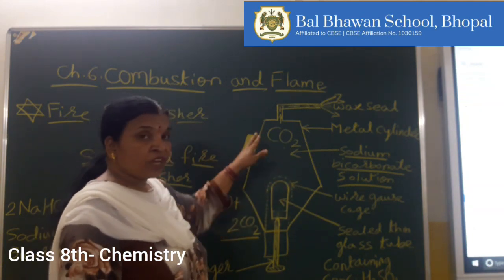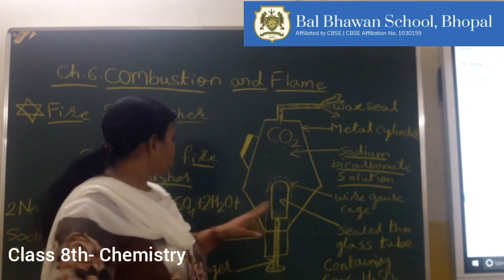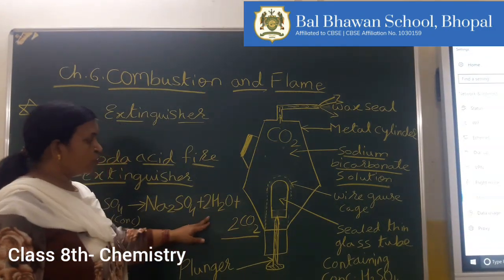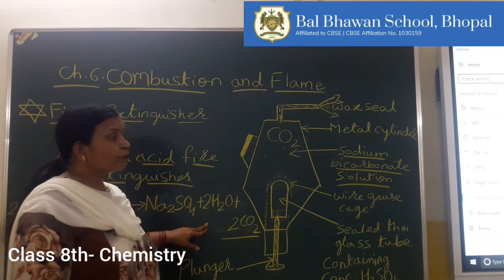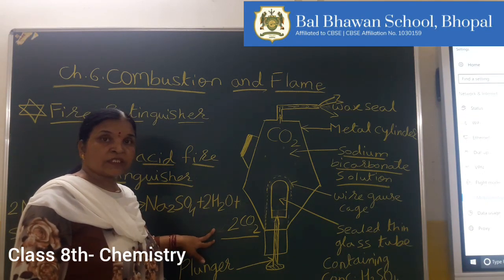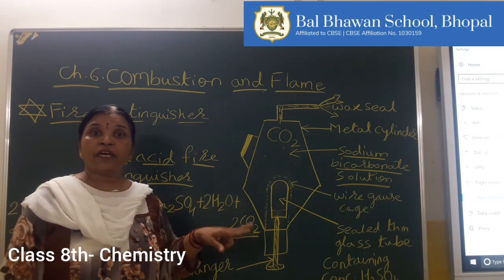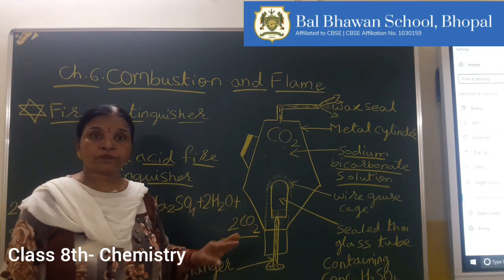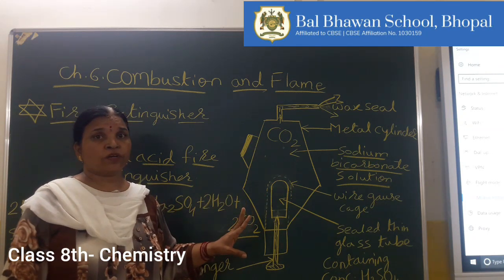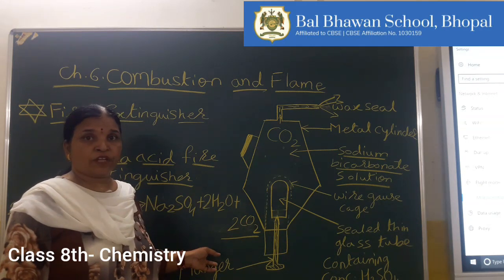Second thing, where we cannot use this is electrical fire, because if you see this reaction, you will find that water is also there. So if we use this to fight against the electrical fire, then the person may get electrical shock, because we know what is the reason for that.